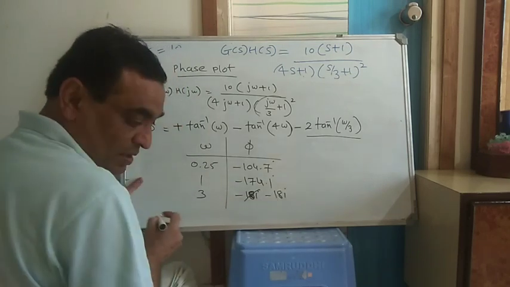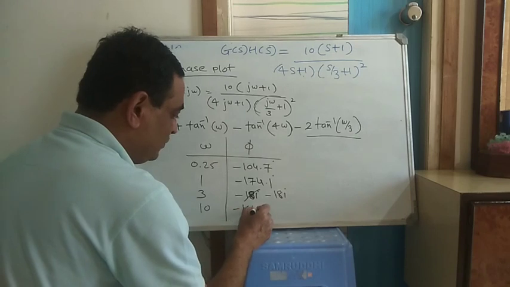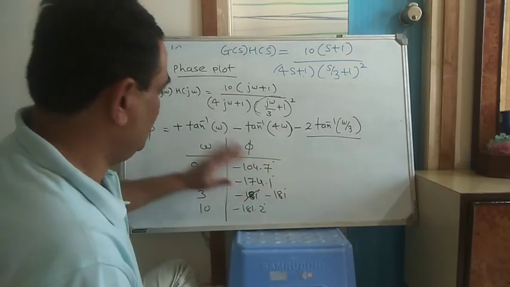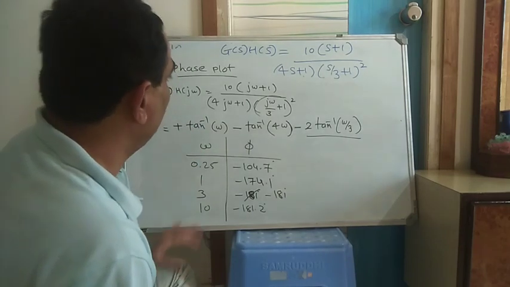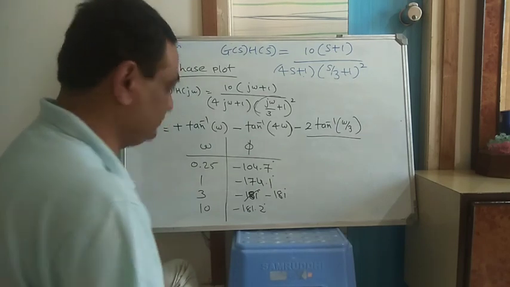Then 10, I have minus 181.2 degree, something like this. So you can take more values of omega, including your corner frequencies. And now I'm ready for the phase plot and the magnitude plot.